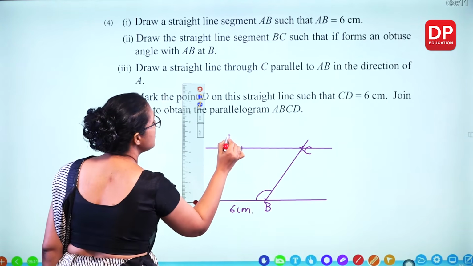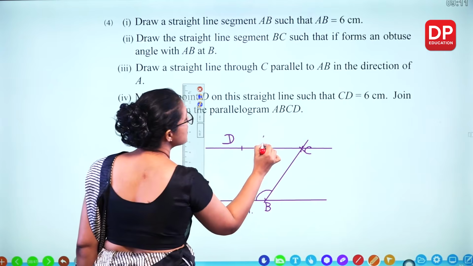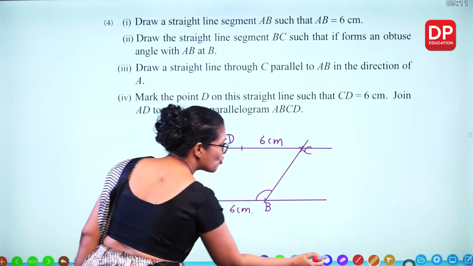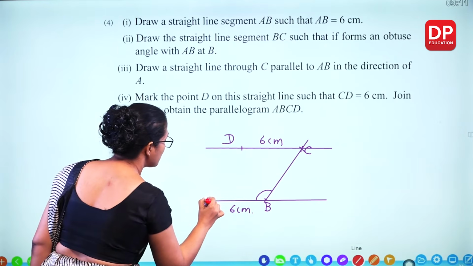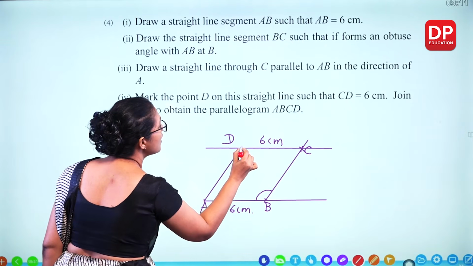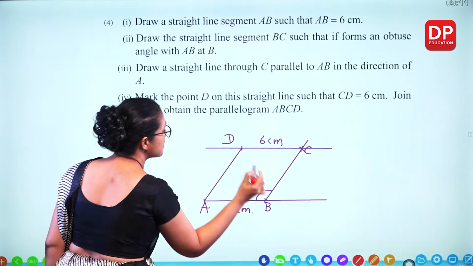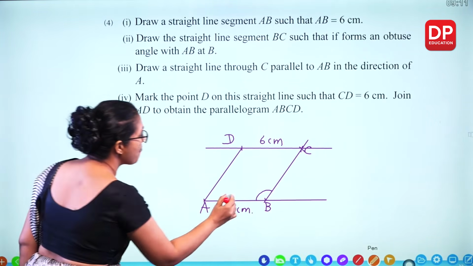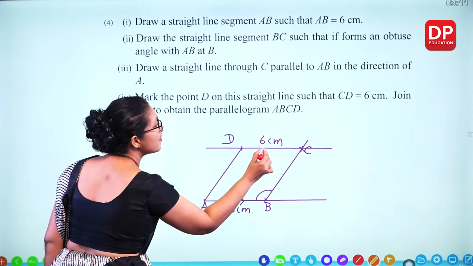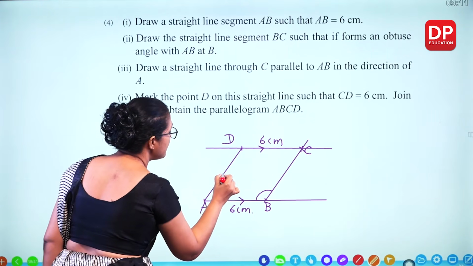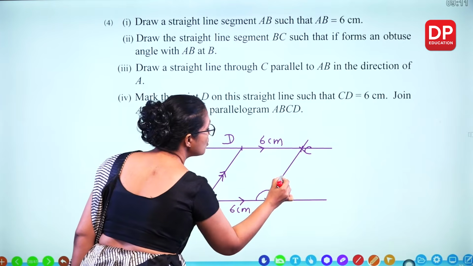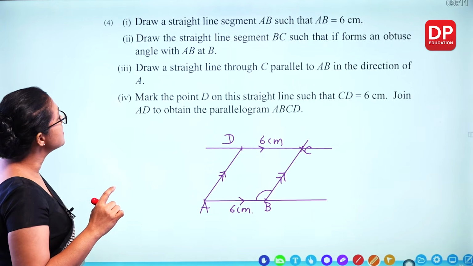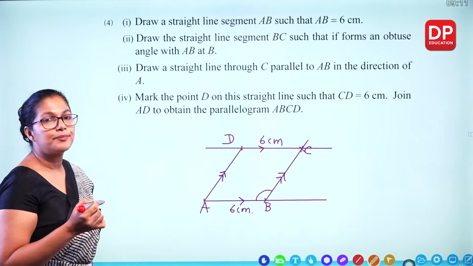So this is D. That's also 6 centimeters. And now I can join these 2 points with a ruler. So here to here. That's ABCD parallelogram. This length is parallel to this one and this length is parallel to this one. So this is ABCD parallelogram.